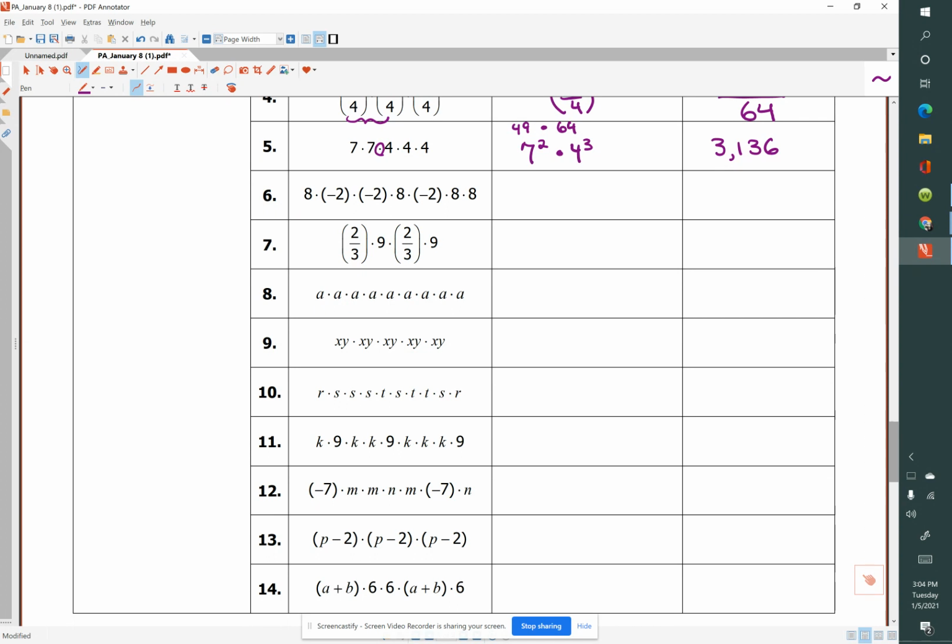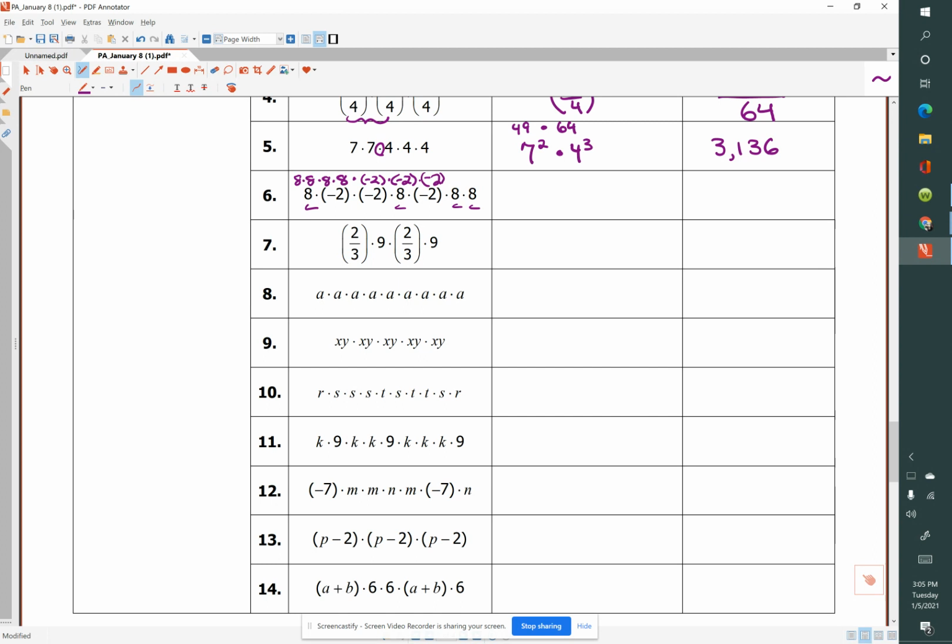Now, number 6, we have the values mixed up. We've got 8 times 8 times 8 times 8. Now, remember, addition and multiplication are commutative, so order does not matter. So we can rearrange this order to be 8 times 8 times 8 times 8, and then times -2 times -2 times -2.